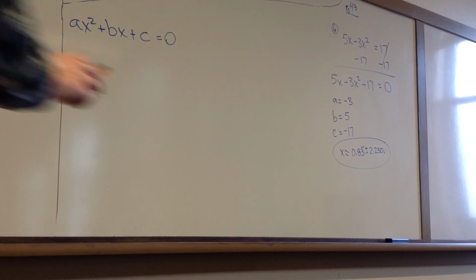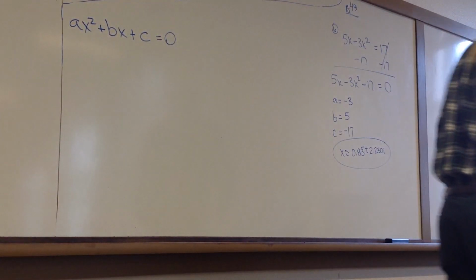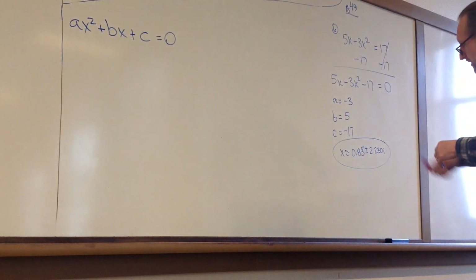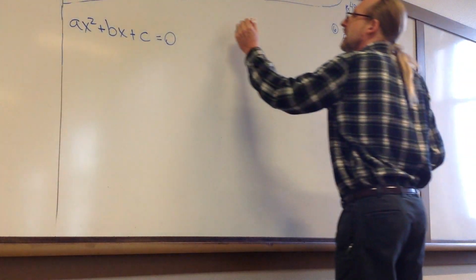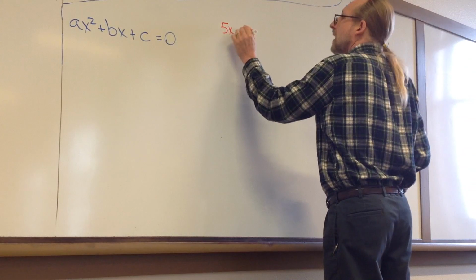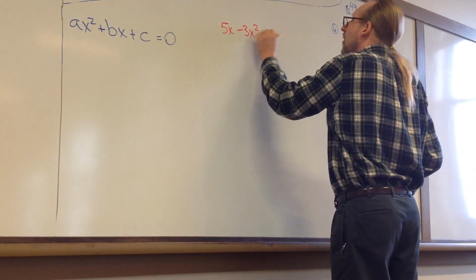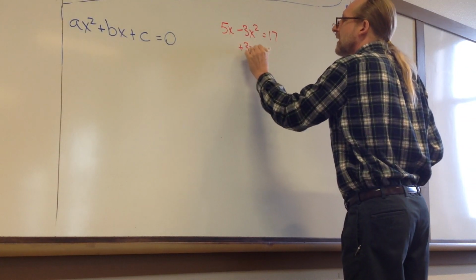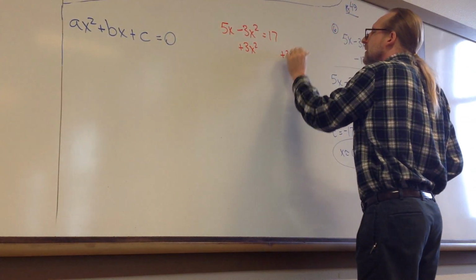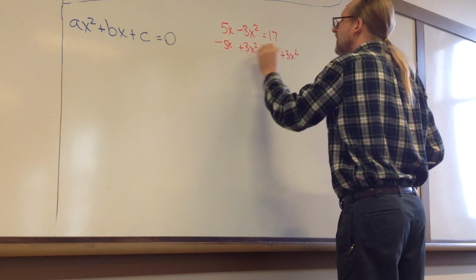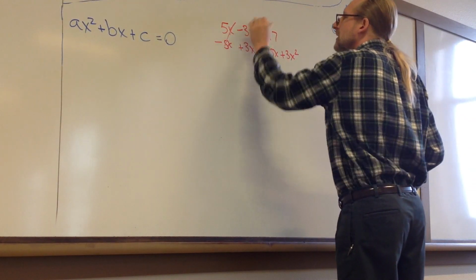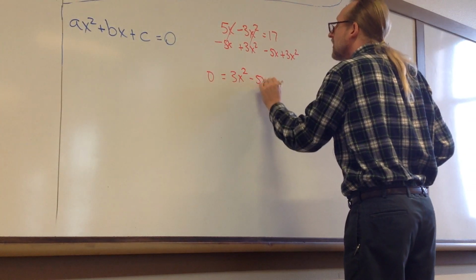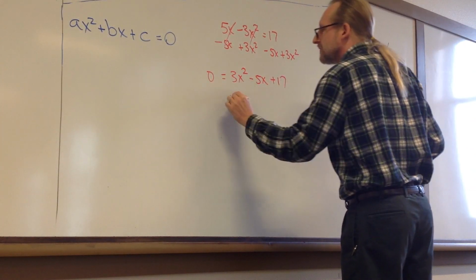Okay, so that's problem 6. Now, let's say you wanted to do something a little bit different. Let's say on this one, you wanted to move these over to this side. So you would add 3x squared and subtract 5x on both sides, and then you would get 0 equals 3x squared minus 5x plus 17.